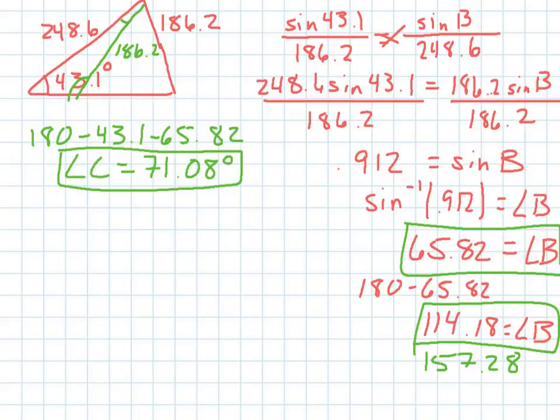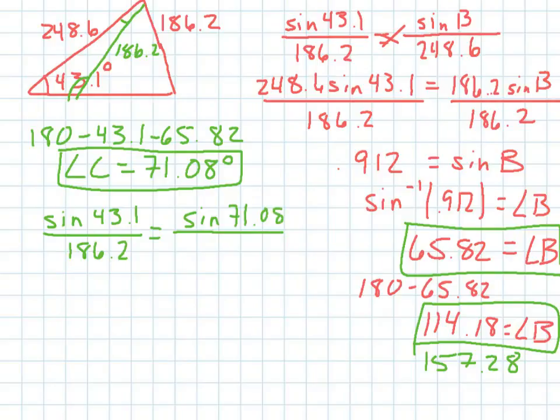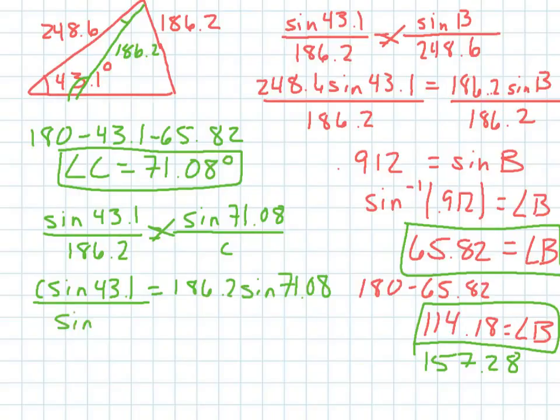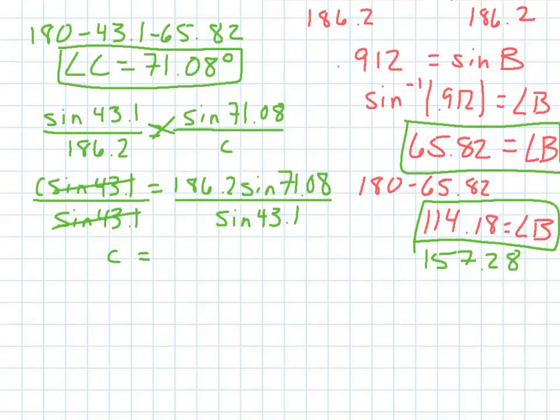Now you can find the opposite side of C. So for that we would do sine of 43.1 over the opposite side, which is 186.2, equals sine of 71.08 over C. So we'll cross multiply, and divide, to find C for that set of answers.